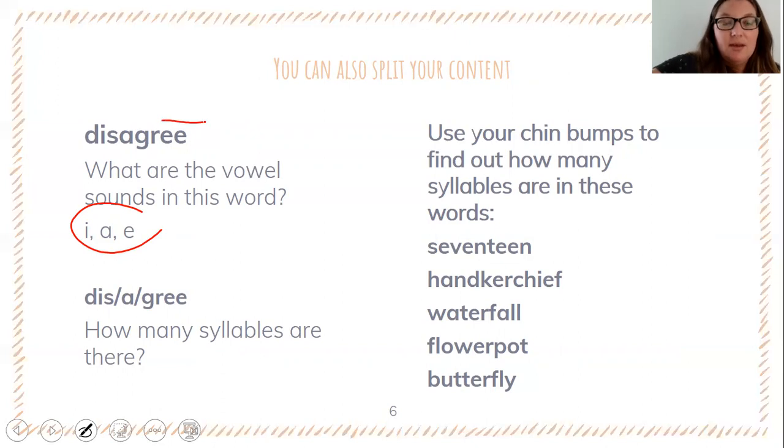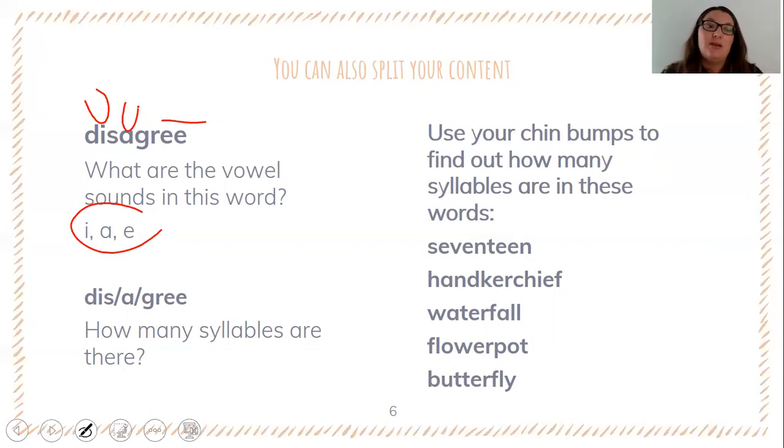So we have long E for disagree. And then for the I, that's a short sound. And the A is a short vowel sound. Those are the vowel sounds that we practiced yesterday, okay?